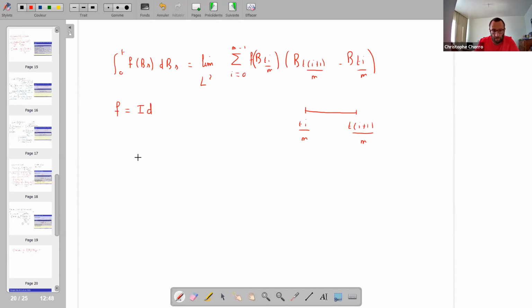And let's see what happens if, instead of computing this sum here, I replace B at t_i over n by the middle of these two points. That is, I replace B at t_i over n by the average of B at t_i over n and B at t_{i+1} over n, and I consider the increment.